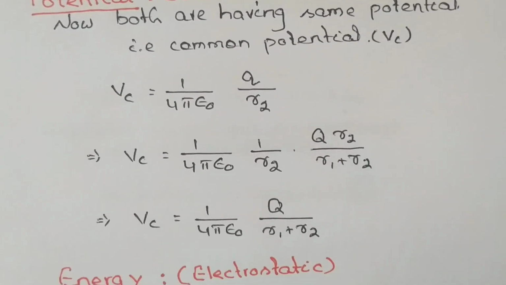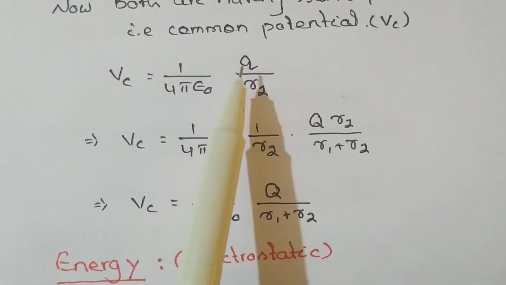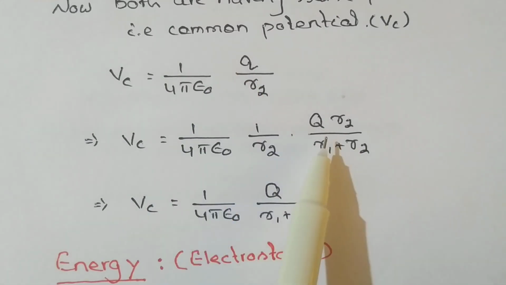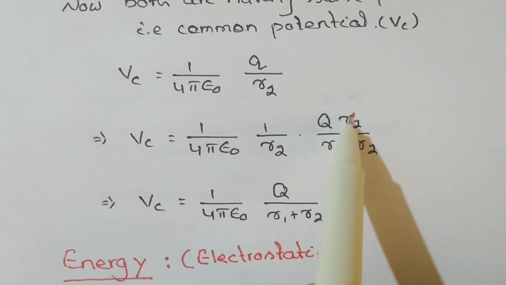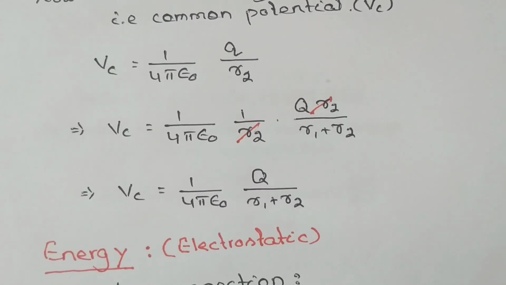By using this value of q, I got the common potential as 1 by 4 pi epsilon 0 into Q by (R1 plus R2), because R2 got cancelled. You see, these two got cancelled. Hence VC equals 1 by 4 pi epsilon 0 into Q by (R1 plus R2). Hence, I got the common potential.